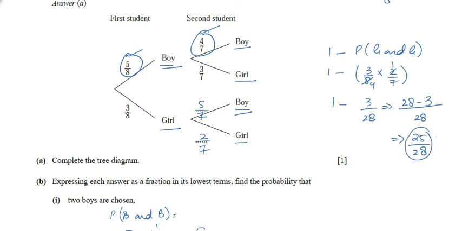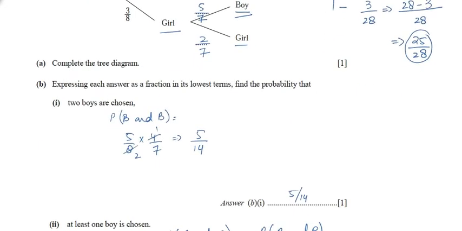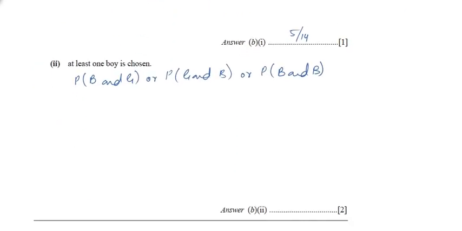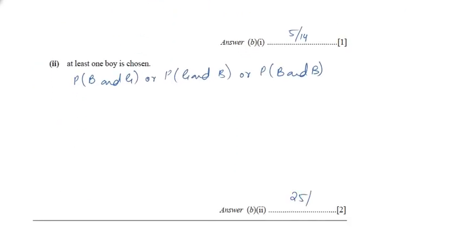Or only one condition is left in the tree diagram, so you find that condition, girl and girl, and subtract it from 1, because the total probability is always equal to 1. So it's 1 minus the probability of girl and girl, and when we simplified it, we got the answer 25 upon 28. So the final answer of this part is 25 upon 28.